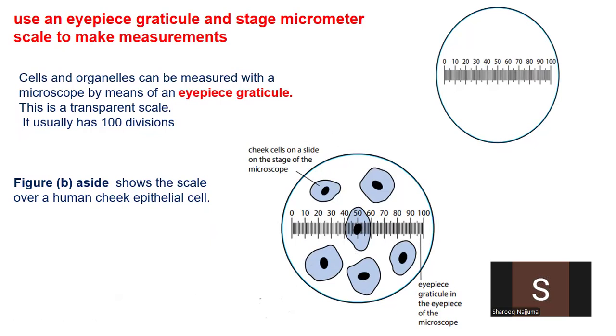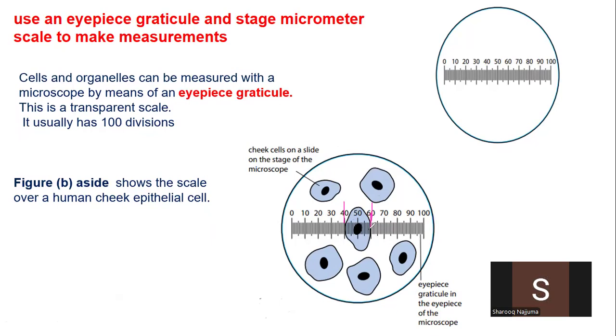The next step is to identify how many eyepiece graticule units this cell is taking up. These eyepiece graticule divisions can also be called eyepiece graticule units. You can clearly see that the cell starts at the 40th division and ends at the 60th division.